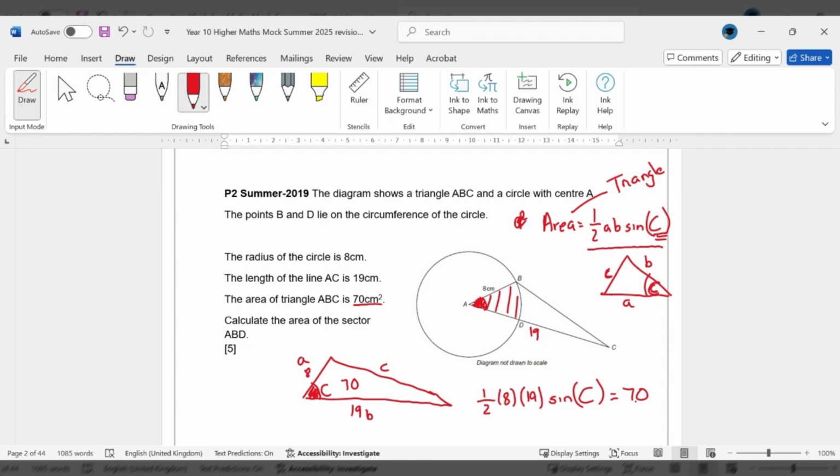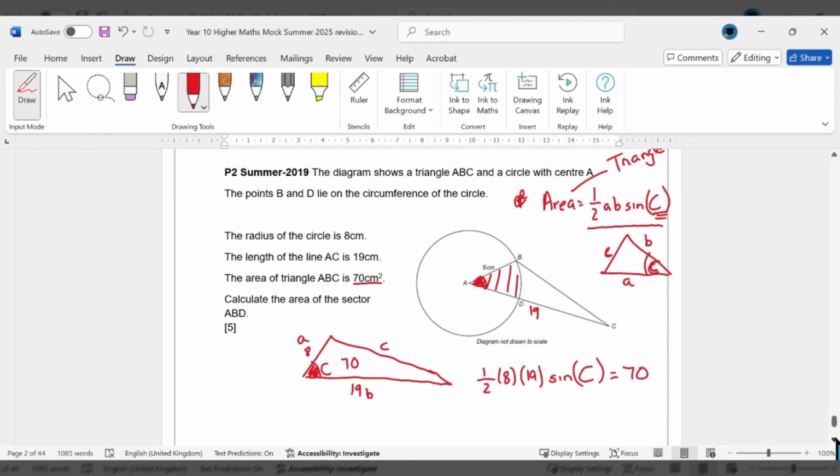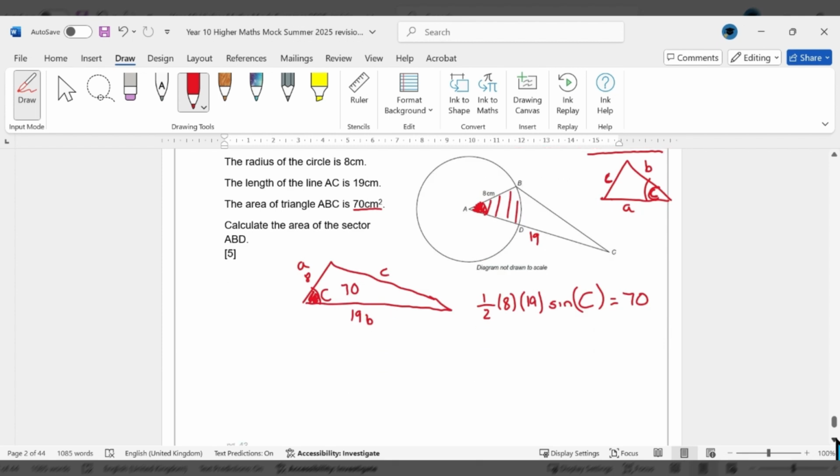So a bit like in the cosine rule where we were working backwards to find the angle, we're doing the same here. We can do half times 8 times 19, right? That bit there, when I put that in my calculator, becomes 76 sine C equals 70.